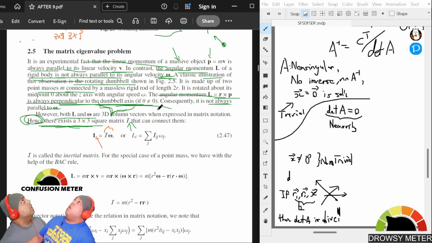To get an element from a matrix multiplication, there's always a sum involved. So like L_i.